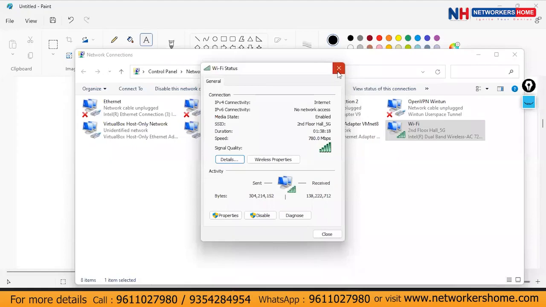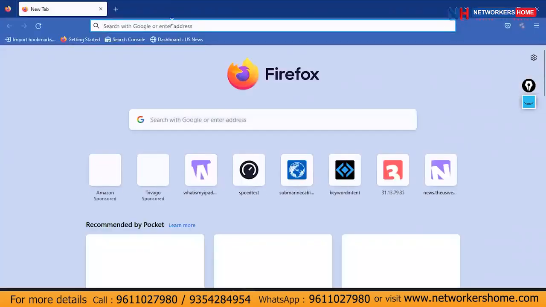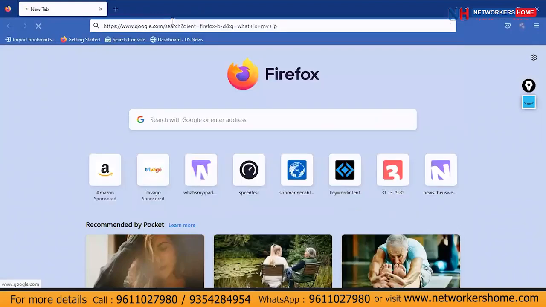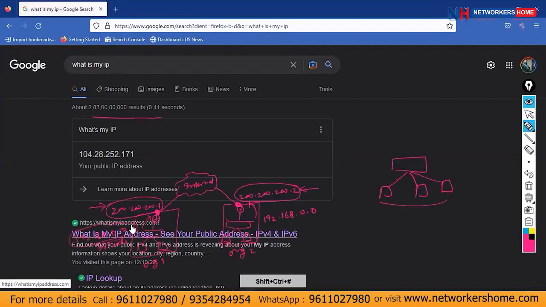Now, if I check my address on the internet, for going on the internet, what IP address am I using? So I can just go and search, what is my IP? This is my IP on the internet. Is it similar to my private IP, 172.16.3.102? No, right? I'm using some other IP.